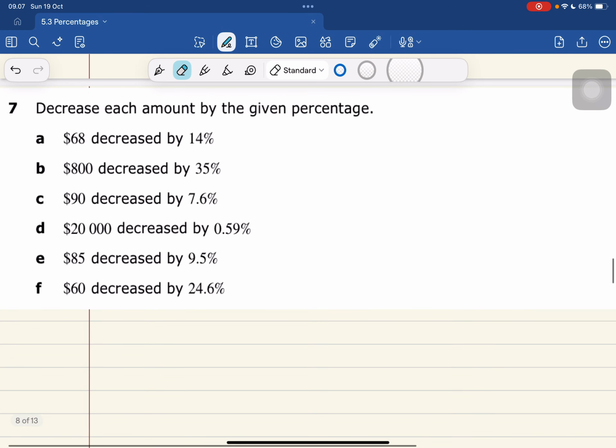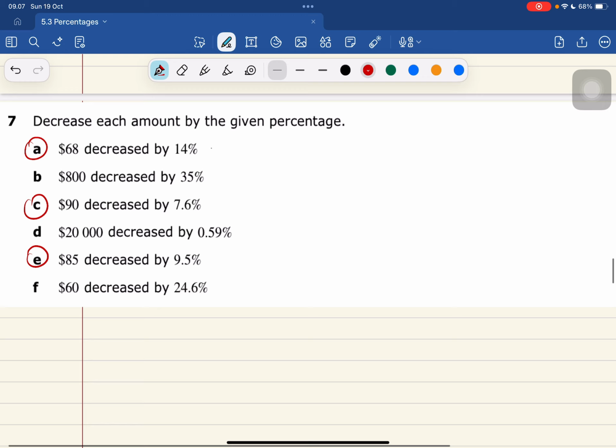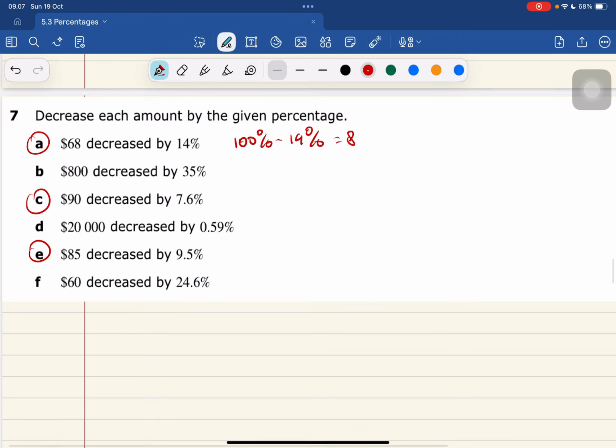Okay, let's make it for A, C, E, different method. So 14. So we can make it like 100, because this is decrease, 100% minus 14%. So this is going to be 86%. So for A, we can make it like 68 times 86% over 100.